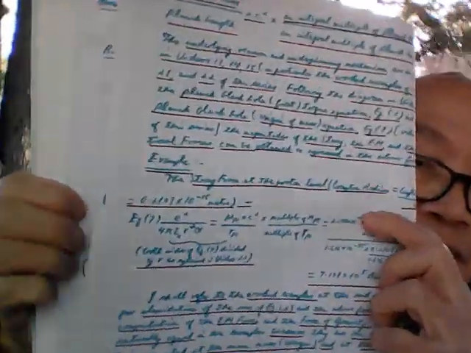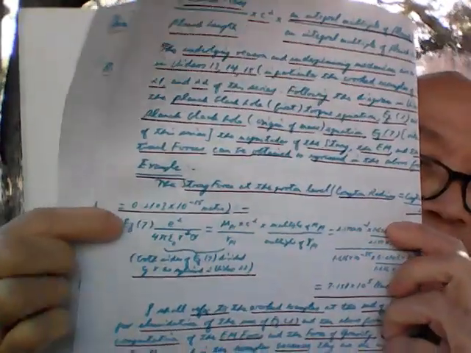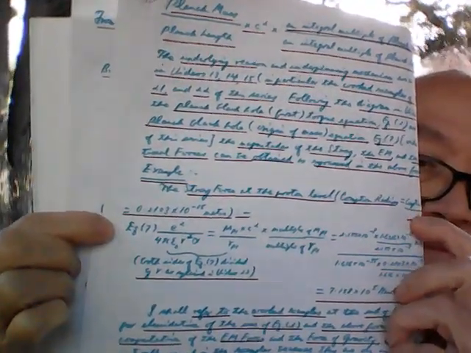And the example in the last video, this is the Coulomb's law. E squared, E is the elementary charge 1.602 times 10 to the power minus 19 Coulomb.